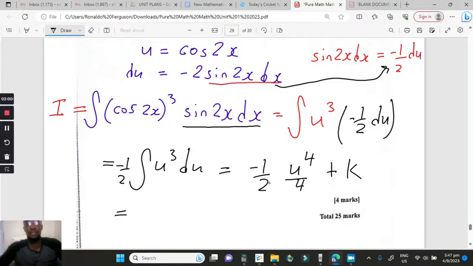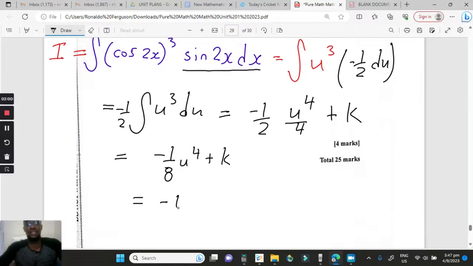Now remember, half times quarter is 1 over 8, so minus 1 over 8 u to the 4 plus k. Then what was u again? Cos 2x. So the answer is negative 1 over 8 cos raised to the 4th power 2x plus your constant of integration. That's your answer.